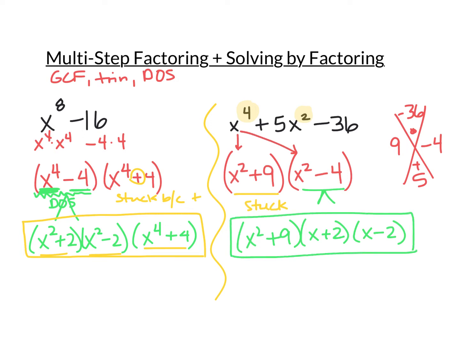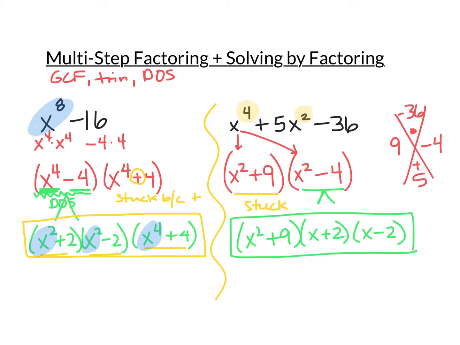So the last thing I want to show you on this multi-step is just a quick way to check that you've gotten everything correctly. So if you look here, I'm going to highlight some things. x squared times x to the 4th, that gives me this x to the 8th that I started with, right? 2 x's, and then 4 is 8 altogether.